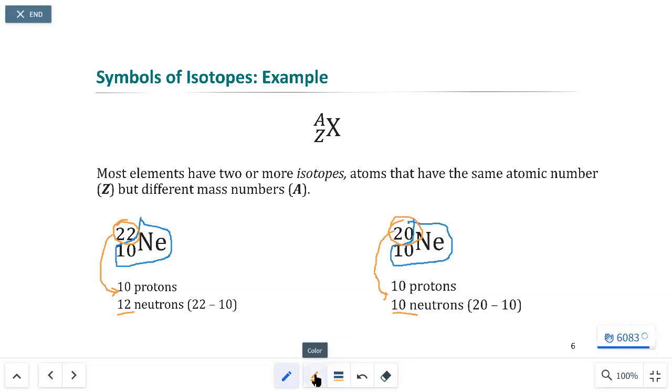And so, in terms of identification, we would call this isotope neon 22. And we would call this isotope neon 20. Again, since atomic number and symbol tell the same thing, we can get that information very condensed in this kind of format.